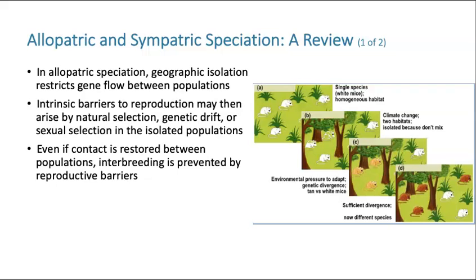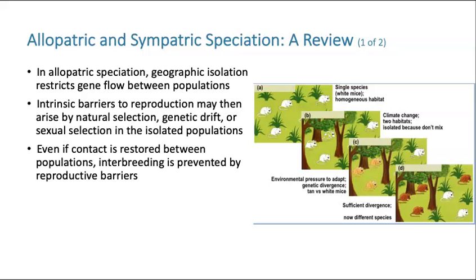So let's just do a quick review here. With allopatric speciation, geographic isolation absolutely restricts the gene flow of the population. But that doesn't mean that you all of a sudden get new species just because there's a geographic barrier.